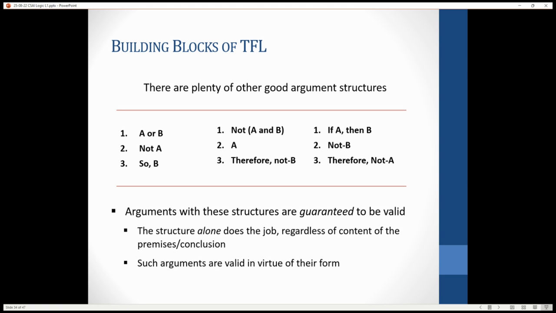And the last one, we'll talk more about this in the tutorial. If A, then B, not B, therefore not A. This is called modus tollens. And don't worry too much about these. Yes? Can you give an example for the second one? Yeah. So suppose we know that it's not the case that I had beer and wine, but we know that I bought a bunch of beer.